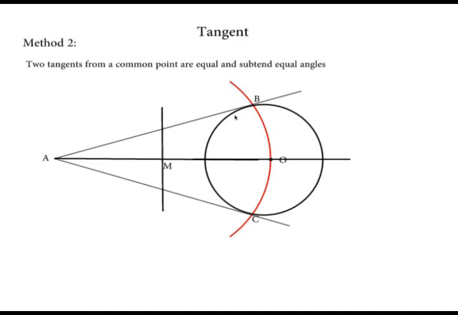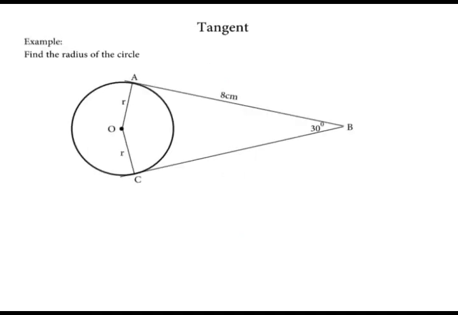Let's take an example. Find the radius of the circle in this figure. In our solution, if we drew a line OB, it will bisect the angle at B, and therefore angle ABO is equal to a half of angle 30, and that is 15 degrees. We also know that the angle at A is 90 degrees.